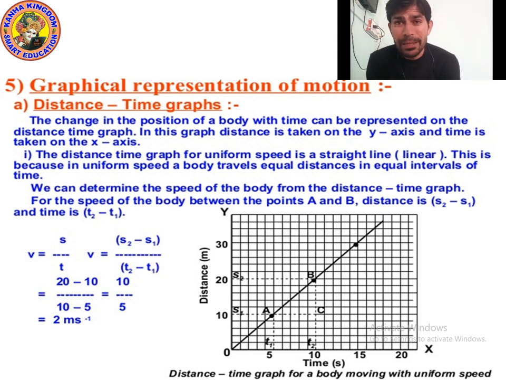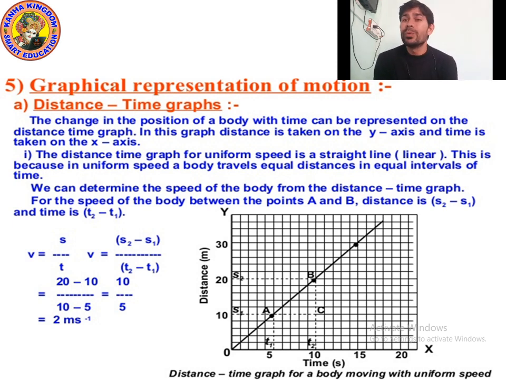So what is happening? The time interval is the same: 5, 10, 15, 20; 20 minus 15 is 5, 15 minus 10 is 5, 10 minus 5 is 5. And the distance interval is also the same: 0, 10, 20, 30, 40; 10 minus 0 is 10, 20 minus 10 is 10, 30 minus 20 is 10.